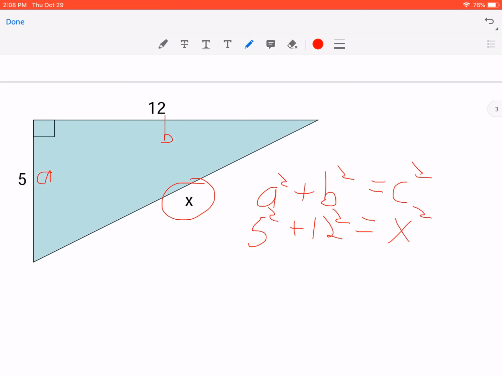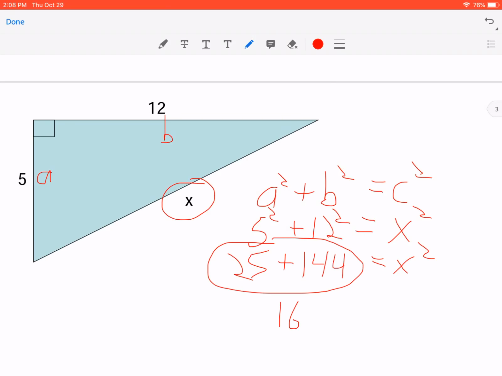5 times 5 is 25. 12 times 12 is 144 equals x squared. Add these two together. 144 plus 25 is 169 equals x squared, and we've already covered this. How do you get rid of a square? You square root it, but if you square root one side, you've got to square root the other.